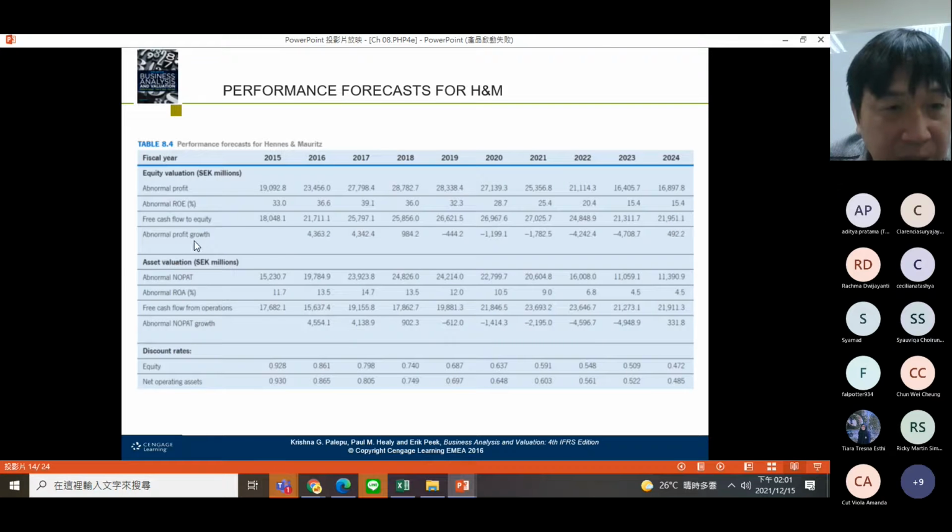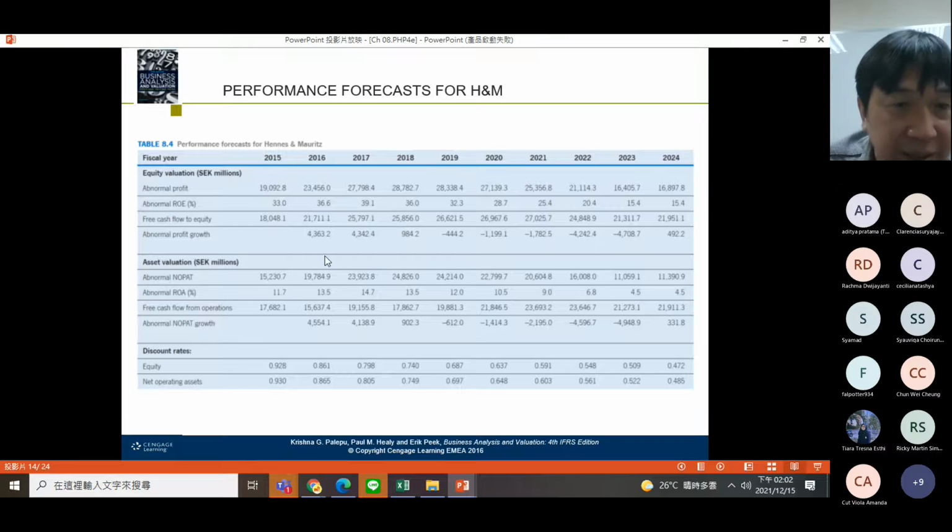Next, the abnormal profit growth. We know that for profit growth, you use the next year's profit minus this year's. That is your growth.